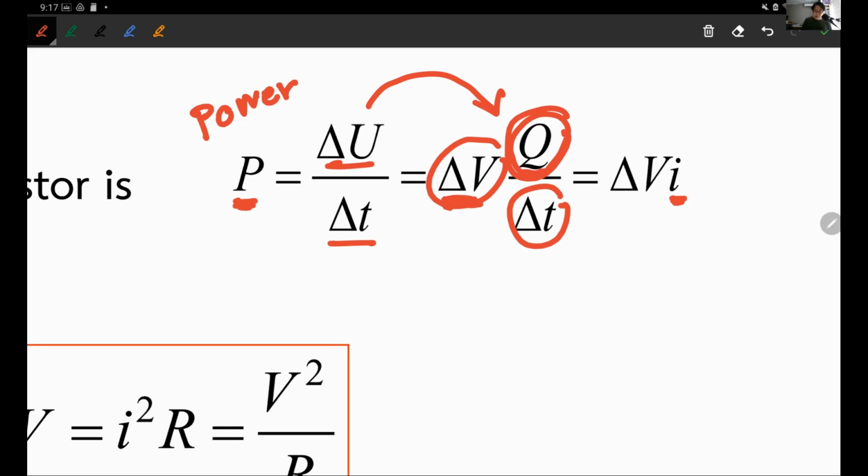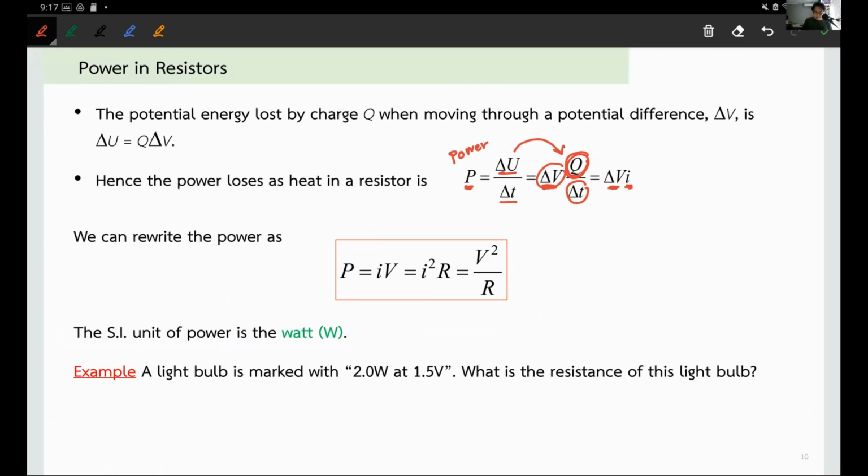So every time I know the potential difference and the current flow, the product between the current and the voltage is just the power. Done. The power is just I times V. And then I can apply Ohm's law, V equal to IR. It's going to be written as I squared R if you like. Or you can write I as V over R, so you can express it as V squared over R. Up to you.